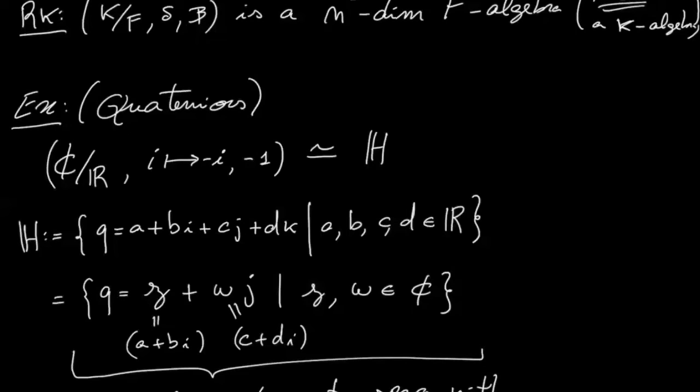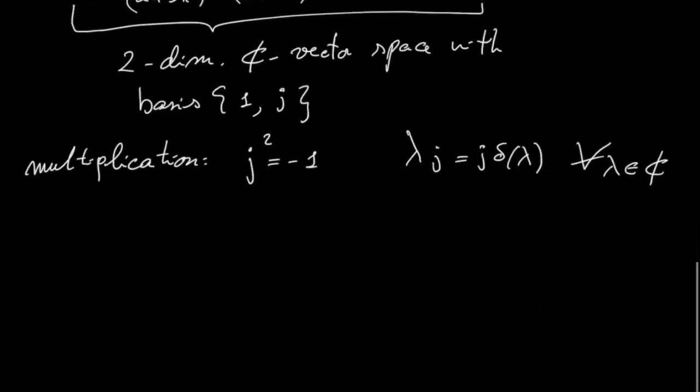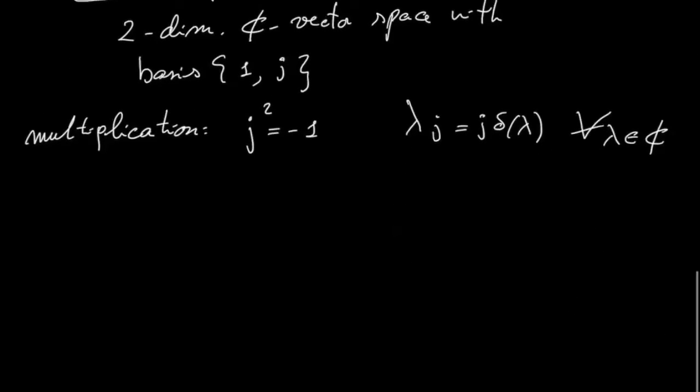It suffices to identify the i here with the i here, and the j here with the j here. So it's another way to think about the quaternions using complex numbers. And more generally, they not only generalize the quaternions, but they generalize the quaternion algebras.